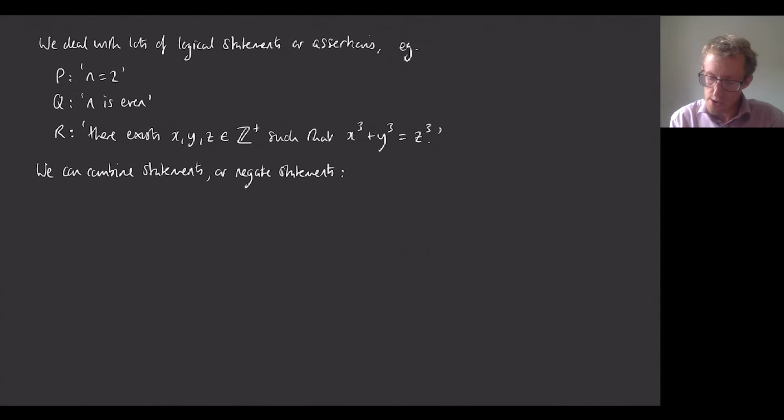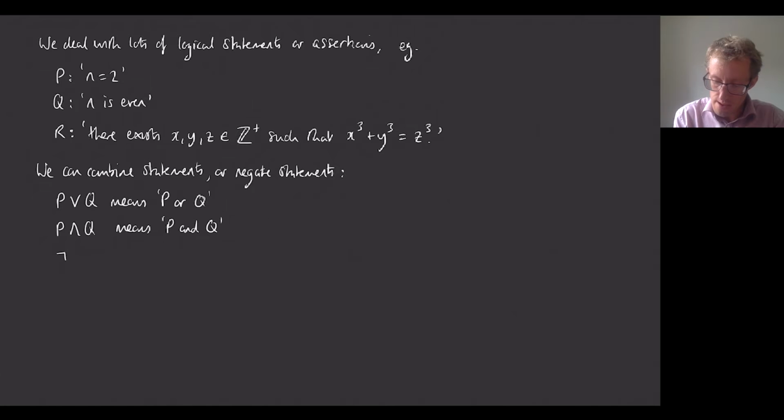So combining them, we could say P or Q. And this notation means P or Q. In other words, either P is true or Q is true. We write P and Q to mean P and Q. And we write not P to mean not P.